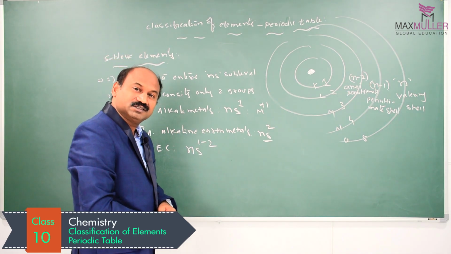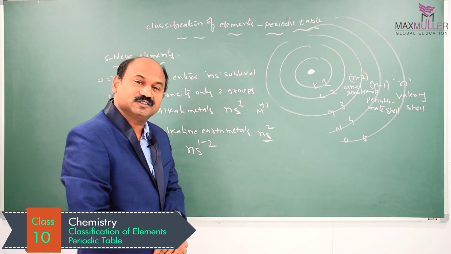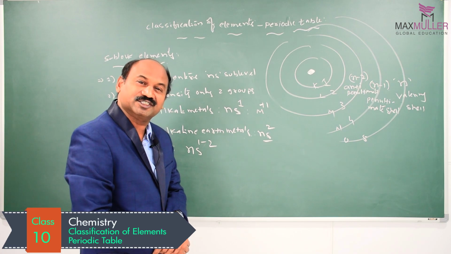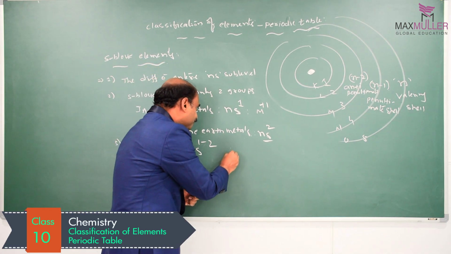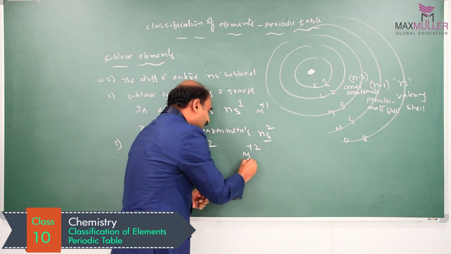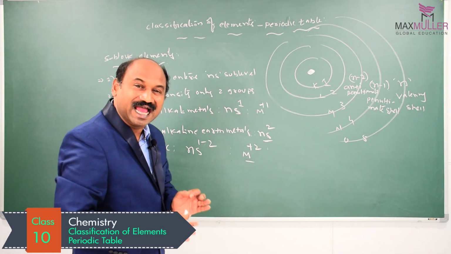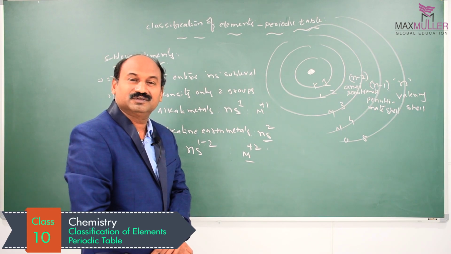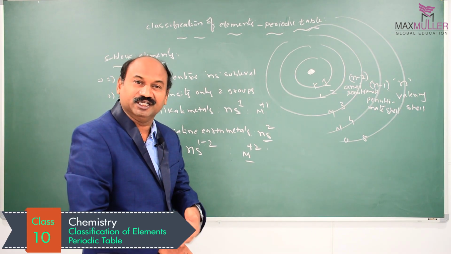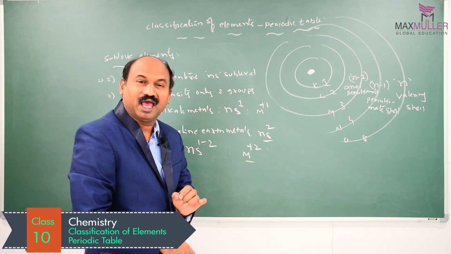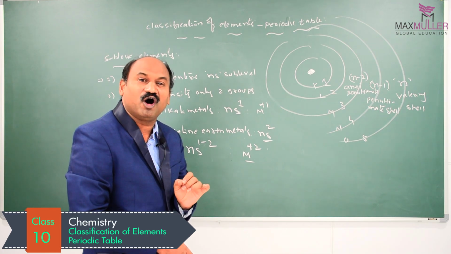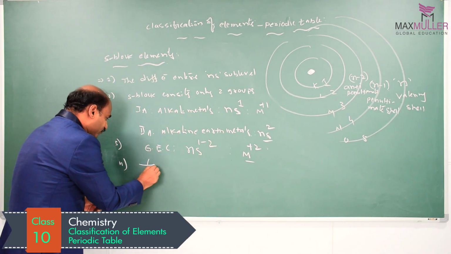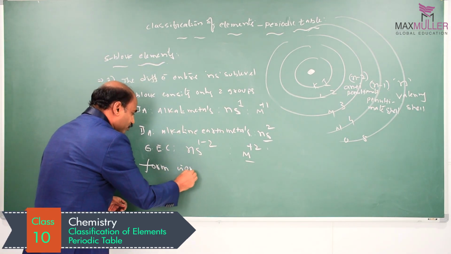Alkaline earth metals, if they lose 2 electrons, will get the nearest inert gas configuration. That's why they generally form M2+ ions, that means divalent cations. So they form cations readily. That's why s block elements form ionic compounds.